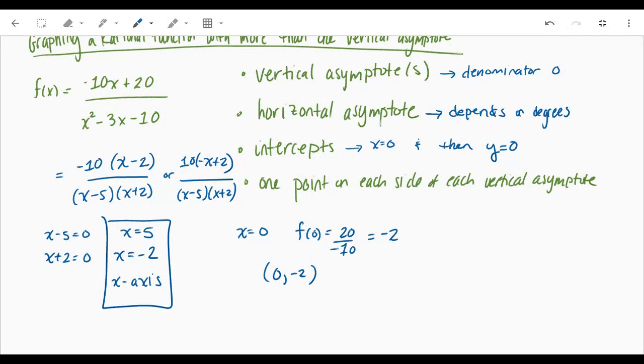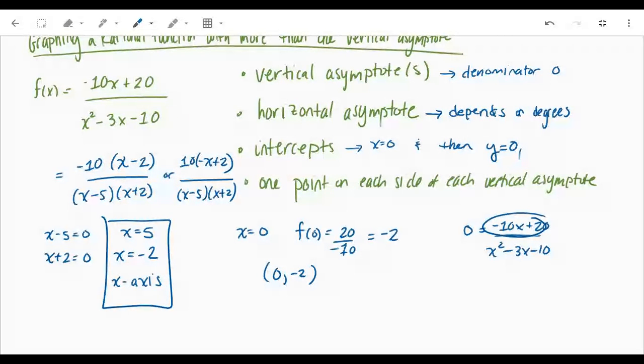If y equals 0, so that one's a little trickier. Think about that. If 0 is negative 10x plus 20 over x squared minus 3x minus 10, all that we would have to have happen is the numerator is 0. Okay, so your x-intercept is whatever makes the numerator 0.